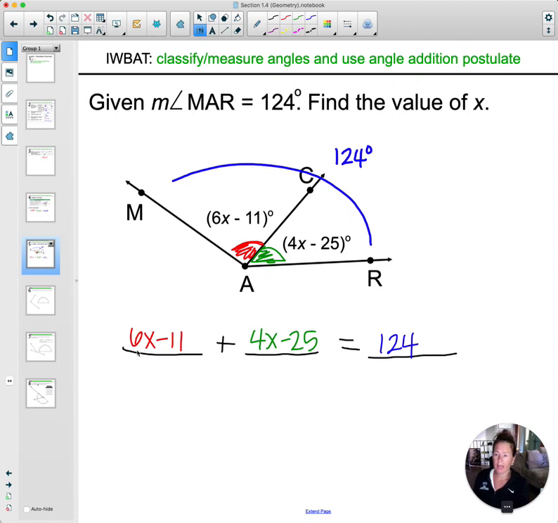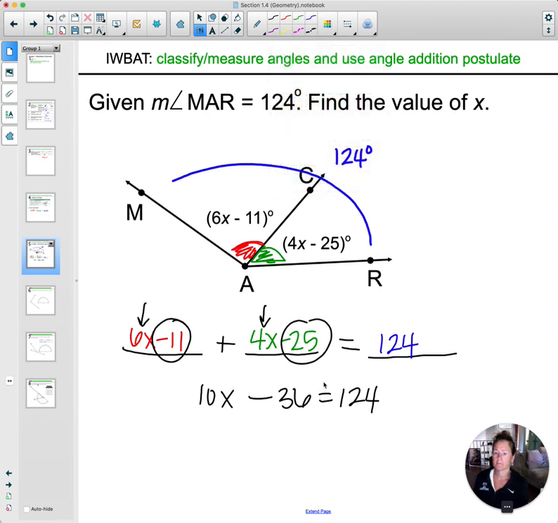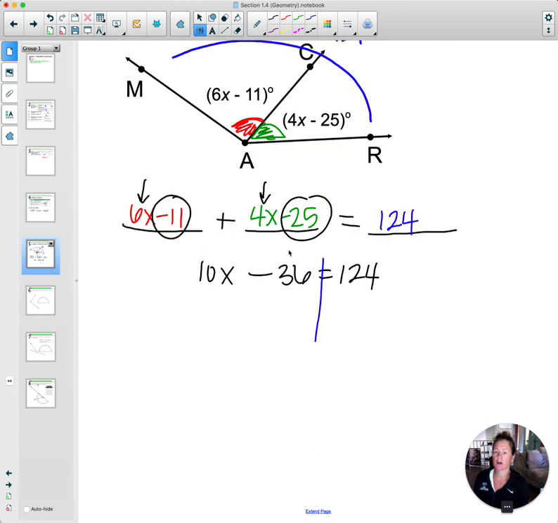So we'll just go ahead and combine like terms here. We've got the 6x and the positive 4x to give us 10x. Then we've got negative 11 and negative 25 for negative 36. So we'll go ahead and finish solving this. We've got two terms over here and one over here. Which of these two, 10x or negative 36, is a like term with 124?